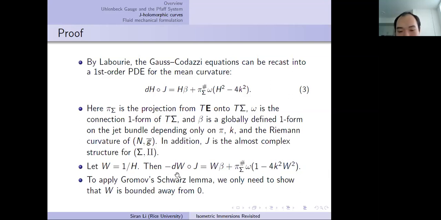On the left-hand side, we have dW composed with J. On the right-hand side, we have a first order term in W and a quadratic term in W. And also by the Schwarz lemma à la Gromov, to show the existence of isometric immersions, we only need to prove that W is strictly bounded away from 0. Because that implies that H, or the extrinsic geometry, is uniformly bounded, and that together with the calibration we discussed before satisfies the assumptions for Gromov's Schwarz lemma.